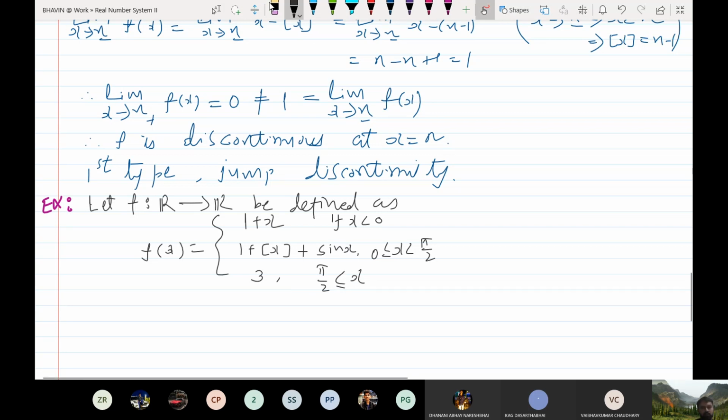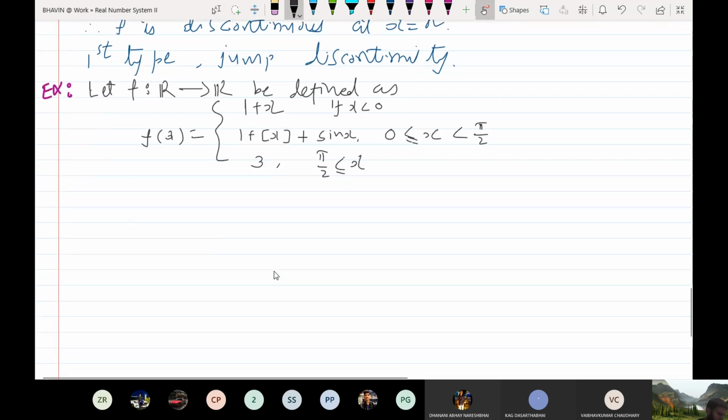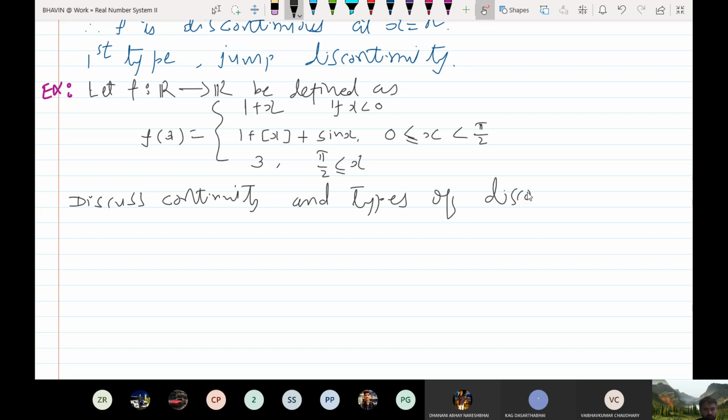So this is the definition. Discuss continuity and types of discontinuity. This is a very important example.